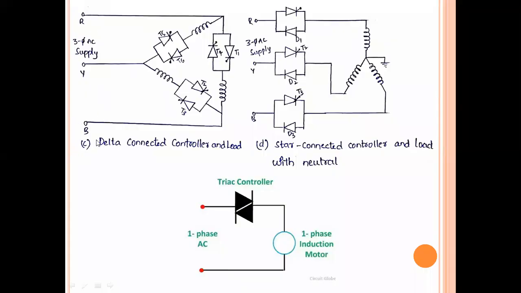So if the power factor is affected at the input terminal, then we need to correct or improve the power factor at the input terminal. For that, we need extra circuitry or an extra control mechanism.